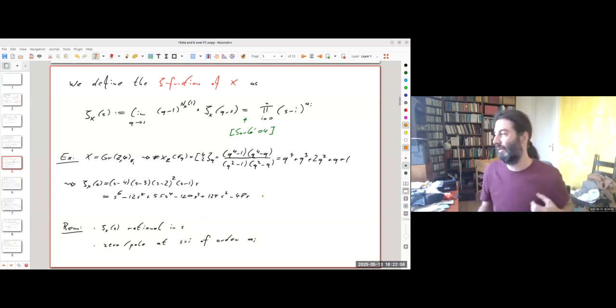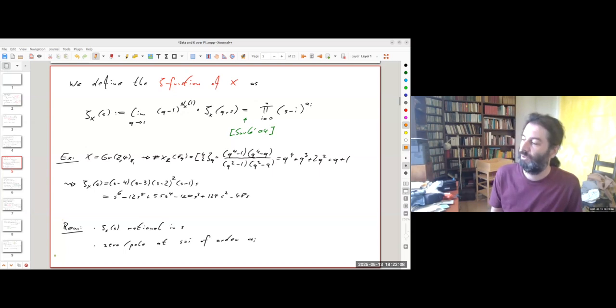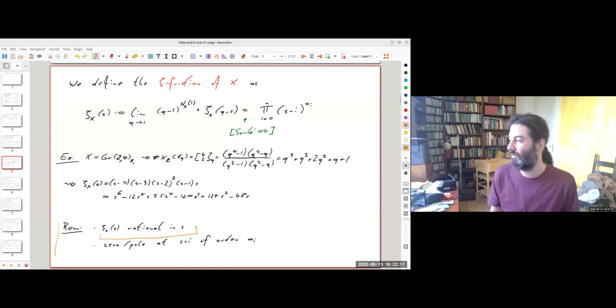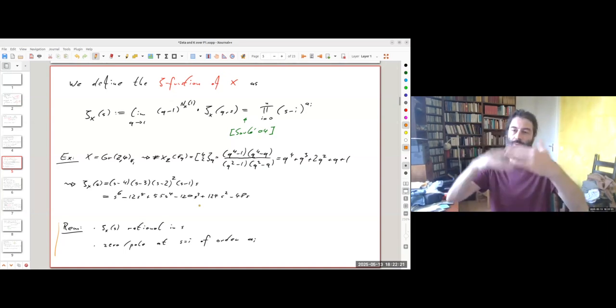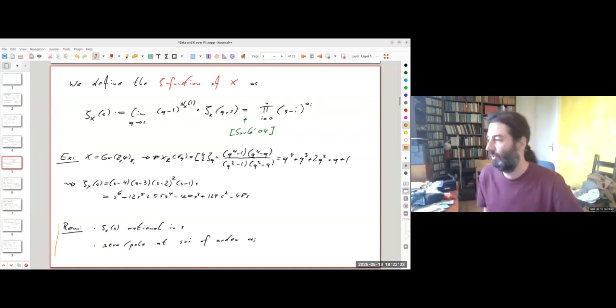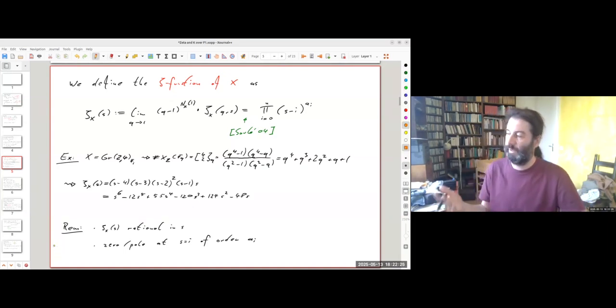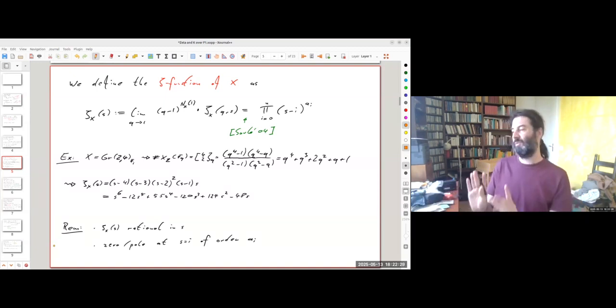Okay, this was just one example of a zeta function. There are two observations which follow directly from the definition and these results that we have. First of all, the zeta function is rational in s. In our example we have a polynomial, but the a_i could be negative. So it's a rational function, which is an analogy to what happens over finite fields, except it's not rational in q to the minus s, but in s.